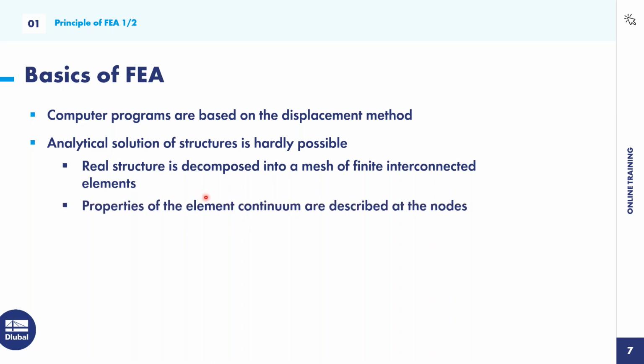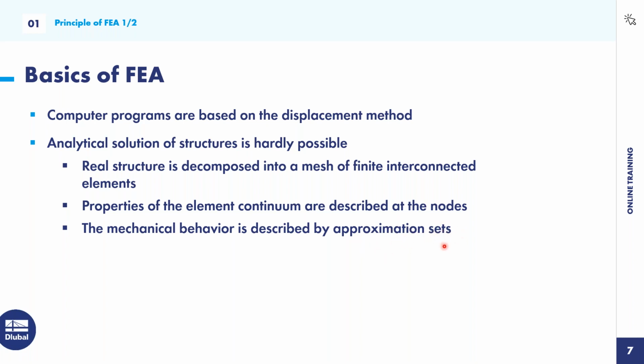Then at each element, the properties are described at the nodes, so also with the degrees of freedom, and then the mechanical behavior is described by different approximation sets. This is different for each software developer, and the whole process of the decomposition of structures into finite elements is called discretization. So this is one technical term you have to remember when you are dealing with finite element analysis.